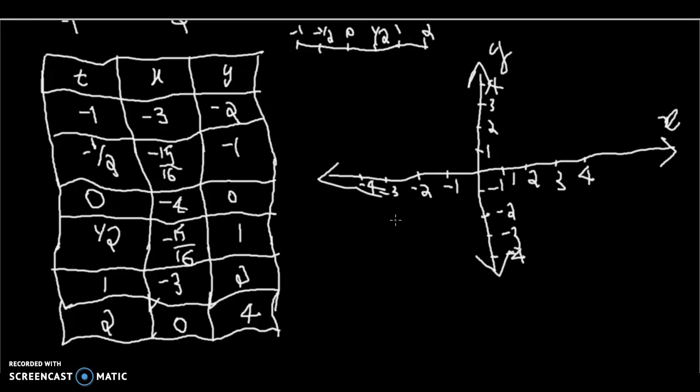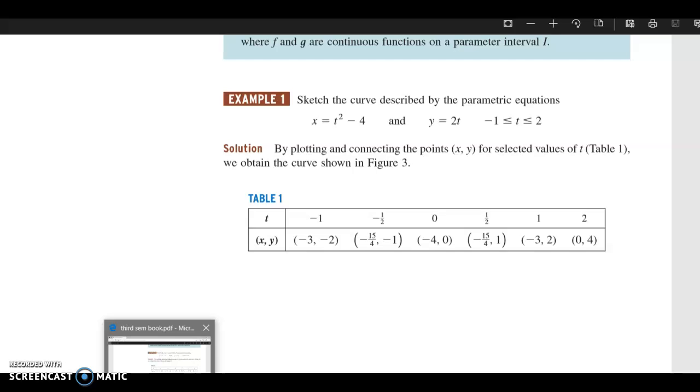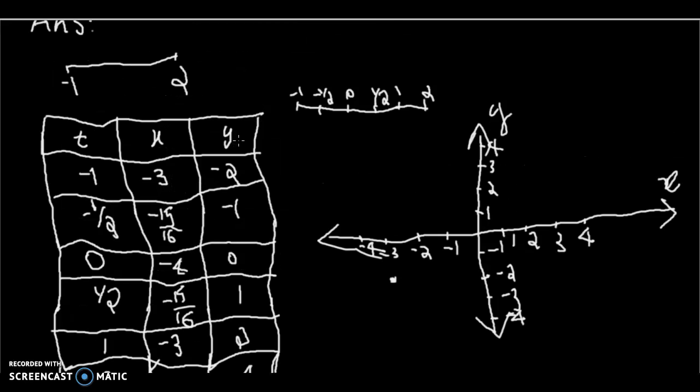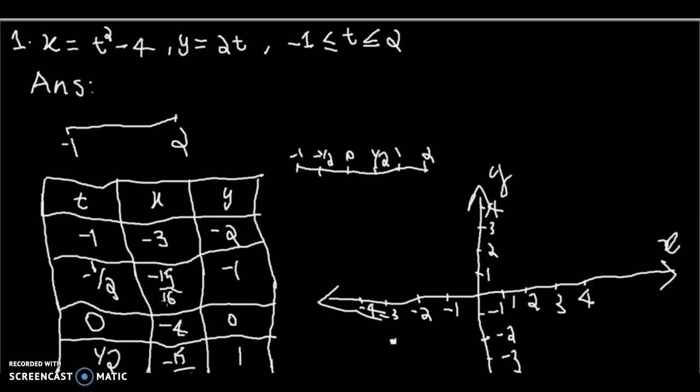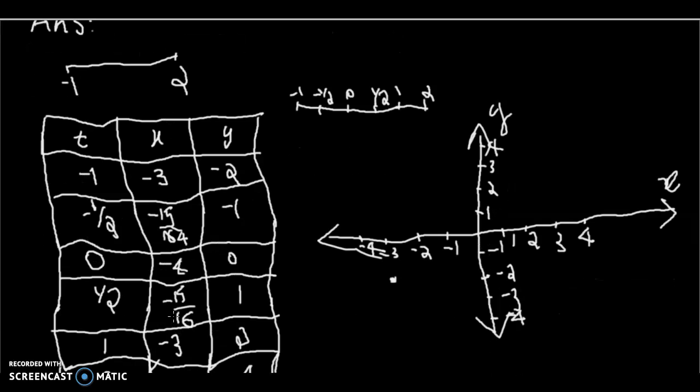This is a point. Here there is a correction: for 1 by 2, it is minus 15 by 4, not 16. This is 4.